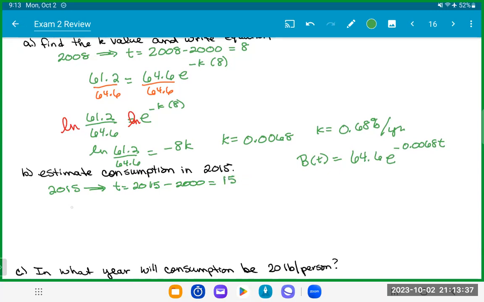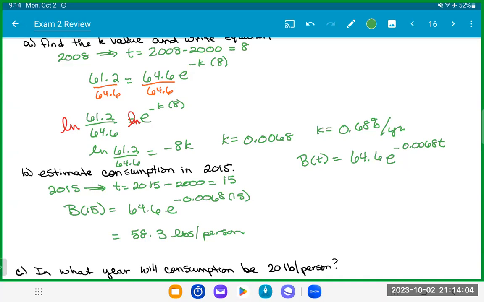Okay. So B evaluated at 15 is 64.6 e to the negative 0.0068 times 15. And that equals 58.3 pounds per person.